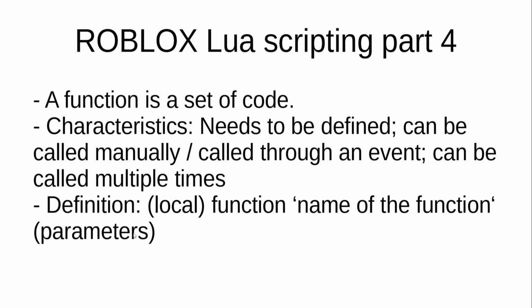So two brackets, and you need to enter some parameters inside of those brackets, okay? And what are parameters? So parameters are basically variables which you give to the function, and the function is now able to work with them. So it might sound very, very theoretical to you, but I'll demonstrate this to you later on.